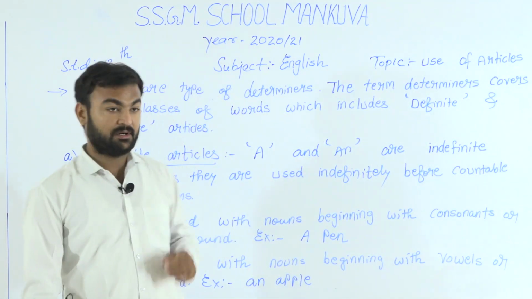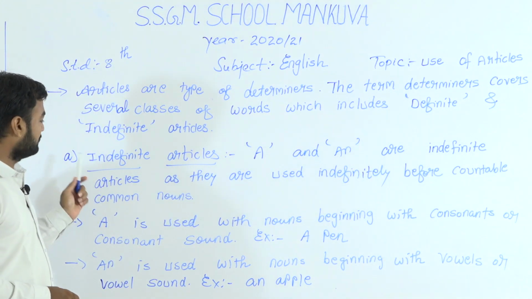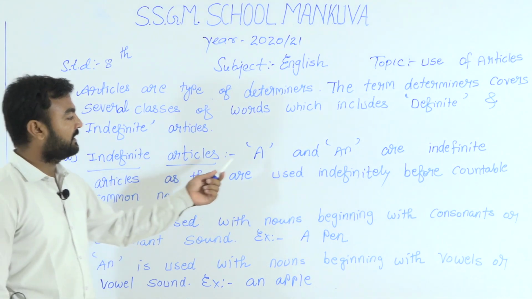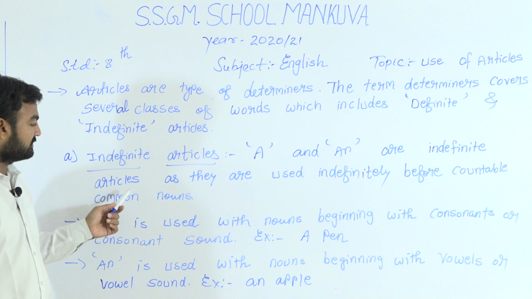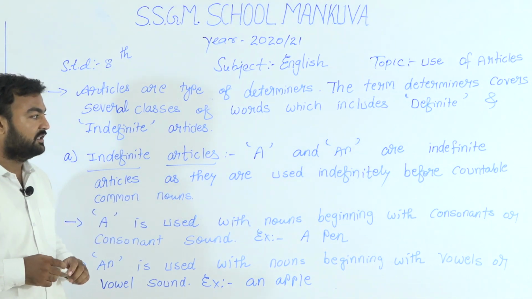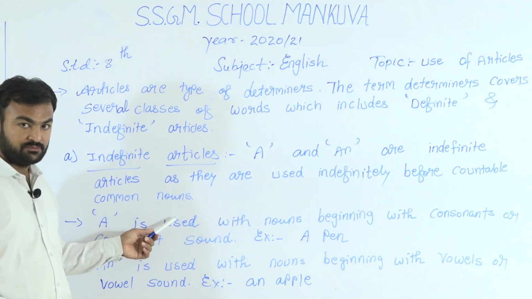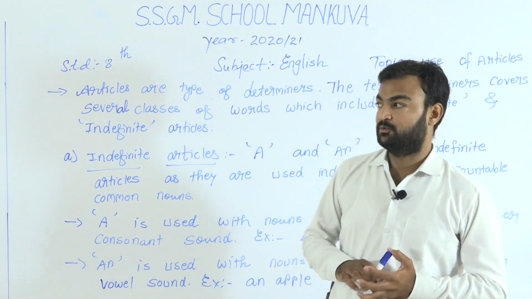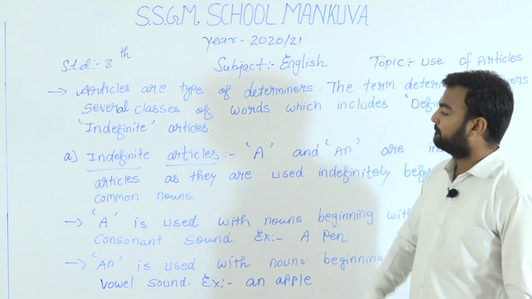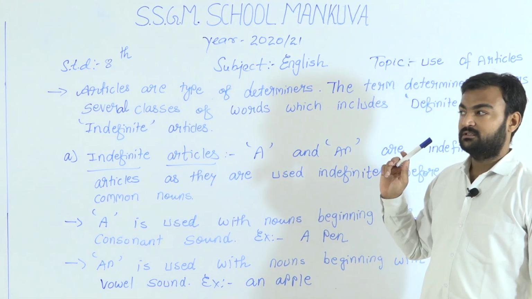Now let us learn about indefinite articles. A and an are indefinite articles as they are used indefinitely before countable common nouns. Now let's learn about a.